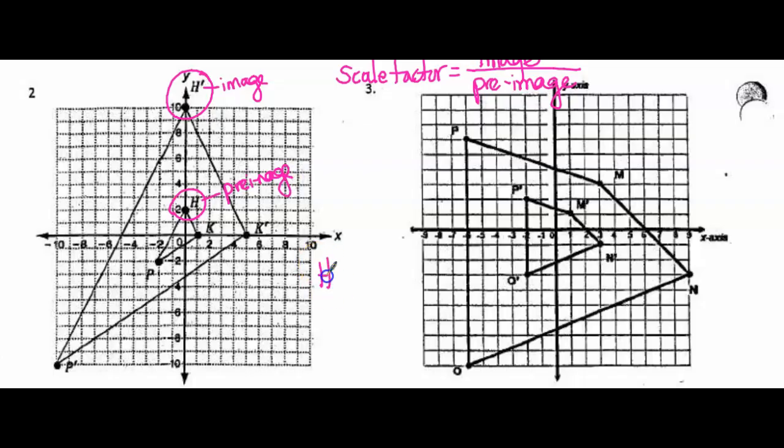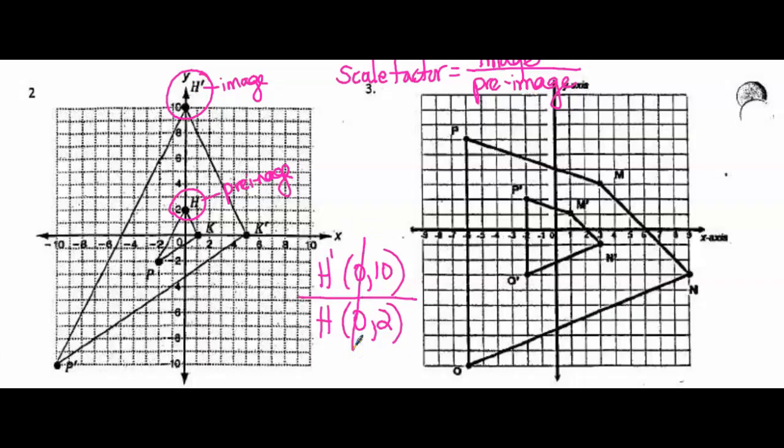So H prime, the image, is the ordered pair 0, 10. I'm going to put that over H, the pre-image, I apologize, which is 0, 2. So let me go back. This is the image over the pre-image. And then you look at your numbers that you have.